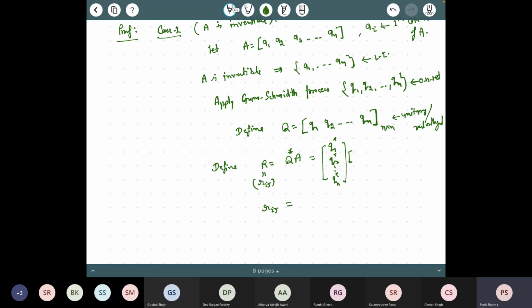You multiply this with A, which is A1, A2, and so on up to An.